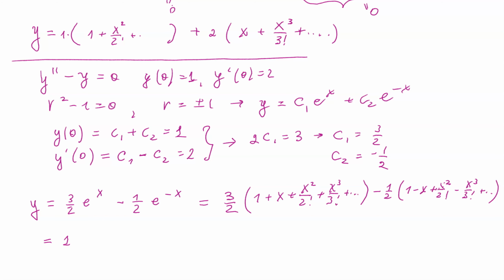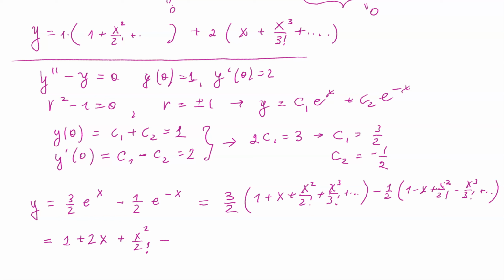And then I'm going to combine second two terms. 3 over 2 x plus 1 over 2 x is going to give me 2x, right? And next terms, 3 over 2 x squared over 2 factorial and minus 1 over 2 x squared over 2 factorial. So it's basically, again, x squared over 2 factorial.